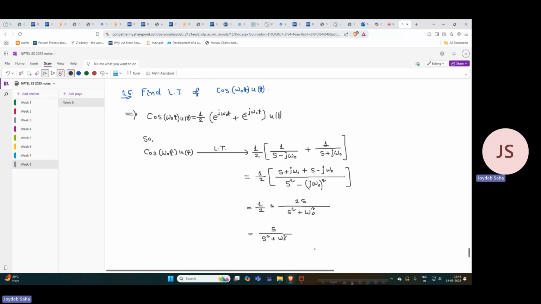You take 1 or 2 minutes and try to understand what we have done, and if there is any query you can ask, then we'll go for the next problem. Then we will proceed.